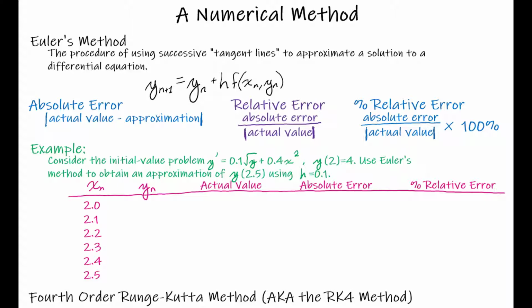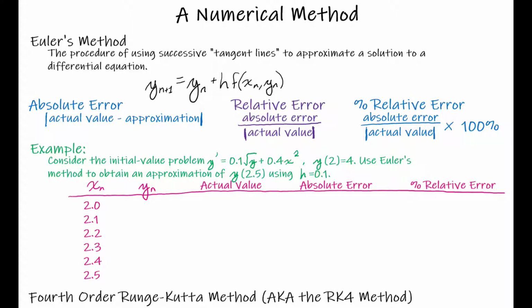Now, whenever you do a numerical method, you are approximating the actual solution. So there's going to be some amount of error involved. To communicate that, we talk about something called absolute error. That's when we take the actual value, if we know it, and subtract the approximation. Now we can only talk about error if we actually know the actual value of the differential equation.